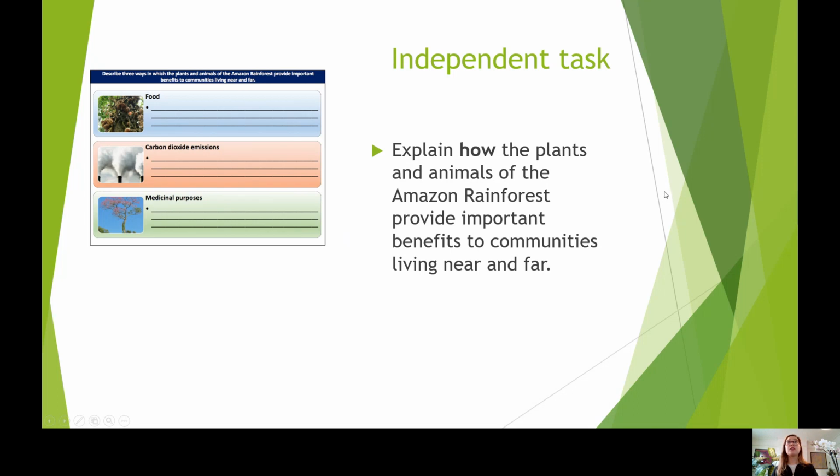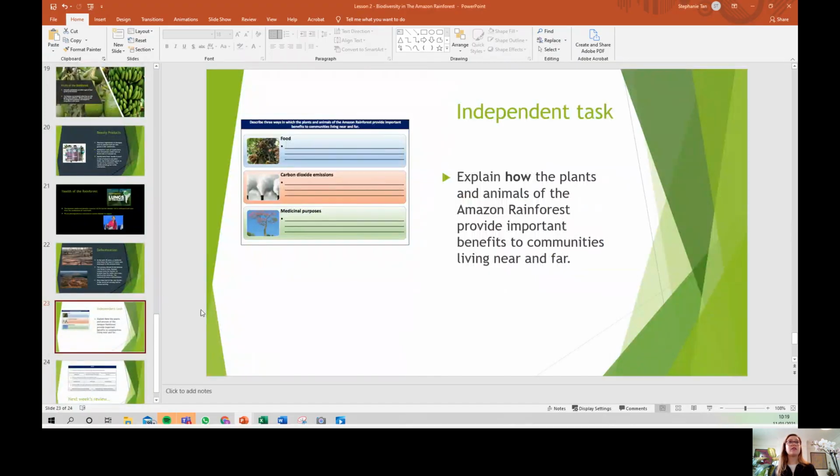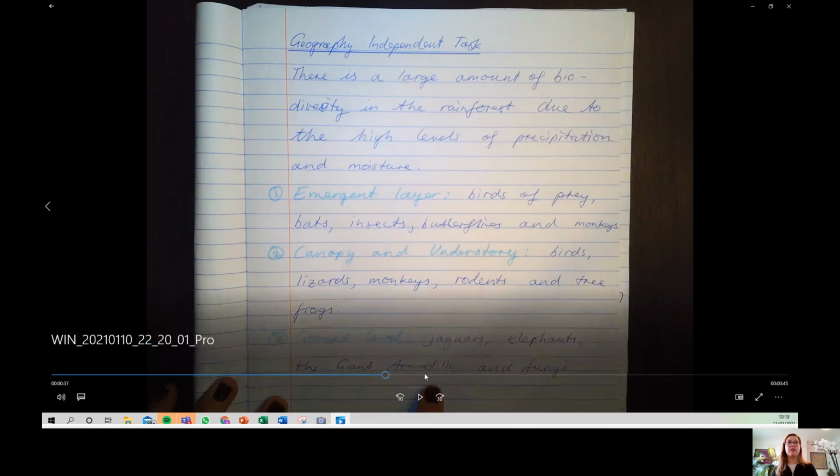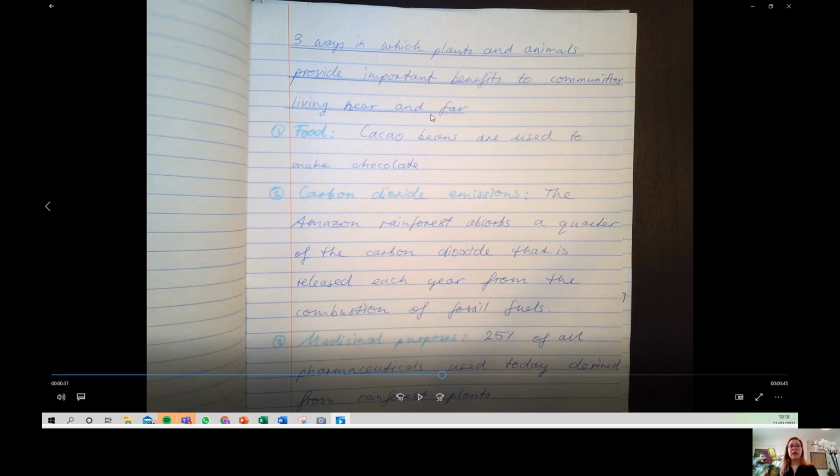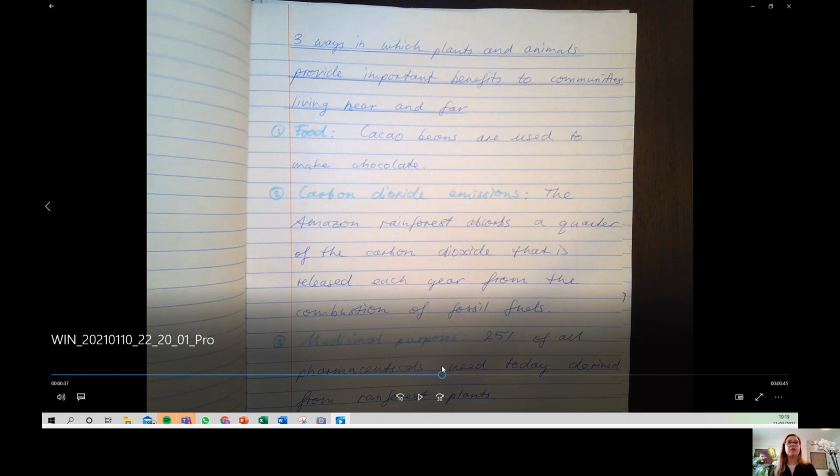I have modeled this for you in this video. So let's jump to 3 ways in which plants and animals provide important benefits to communities living near and far. As always, I would like you to underline this using a ruler and start with food.